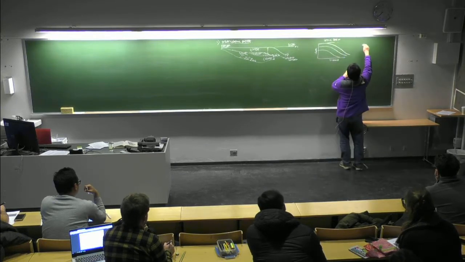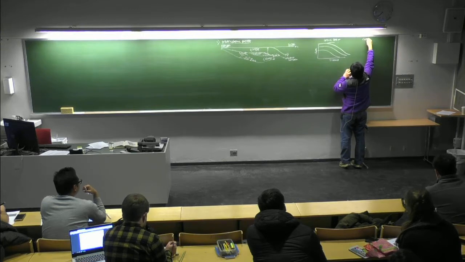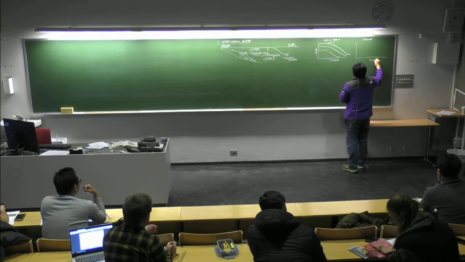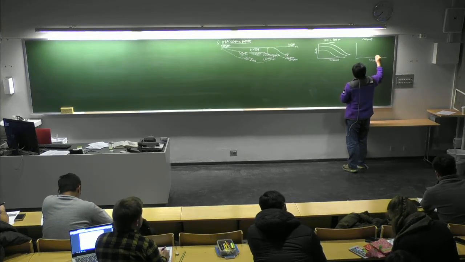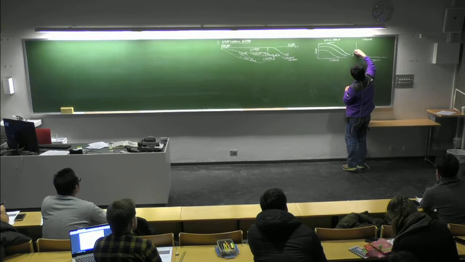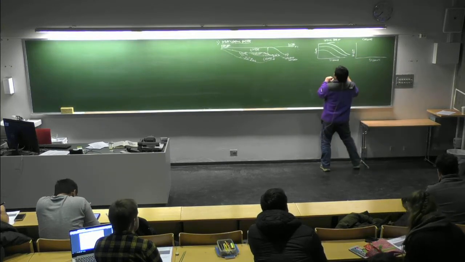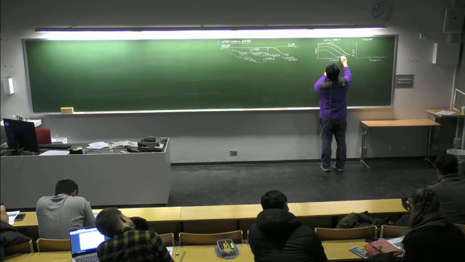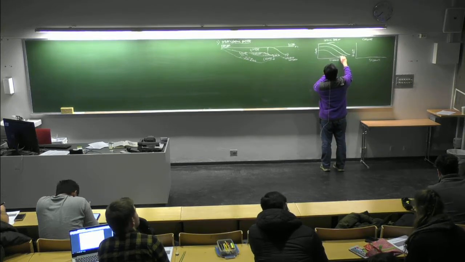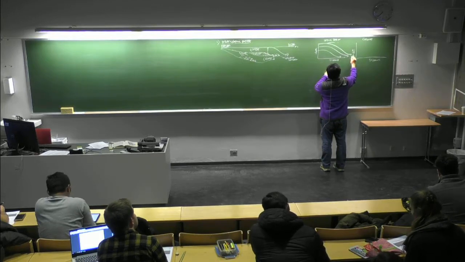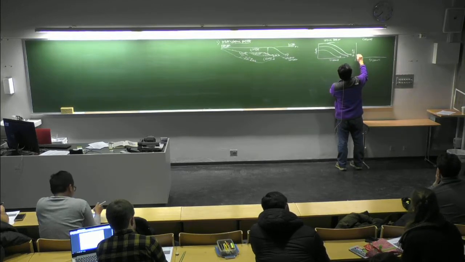And then this is the chronostratigraphy. What you have here is distance and relative geological time. So for instance, if this is time 1, time 2, time 3, you have 0, 1, 2, 3.